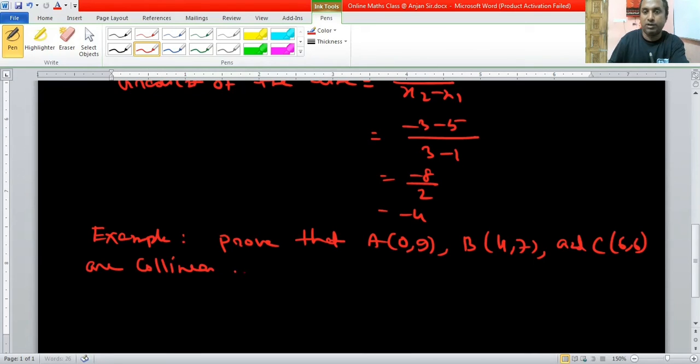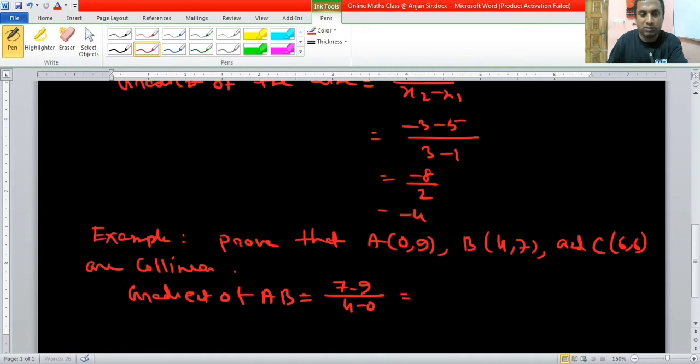We need to prove that. That means separately we can find out gradient of AB. That means 7 minus 9 over 4 minus 0. So it's becoming now minus half.